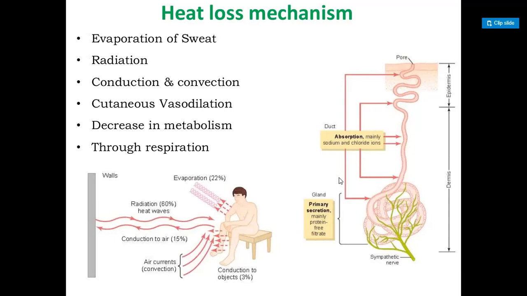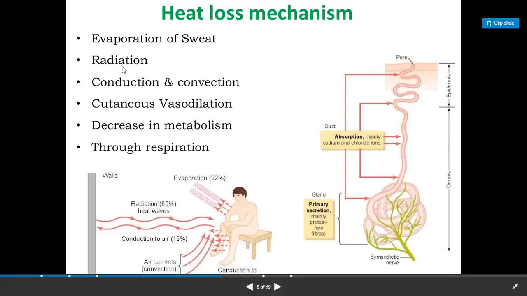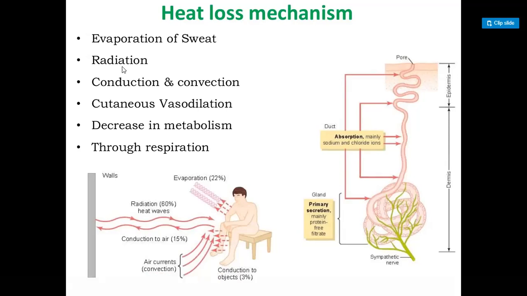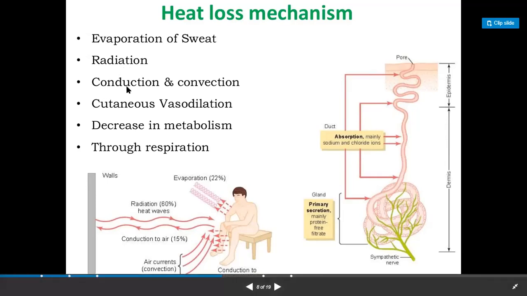Your body loses heat to the environment through radiation. Even without coming in contact with the wall, there is heat exchange between the wall and your body through radiation, right? Then we have conduction and convection.